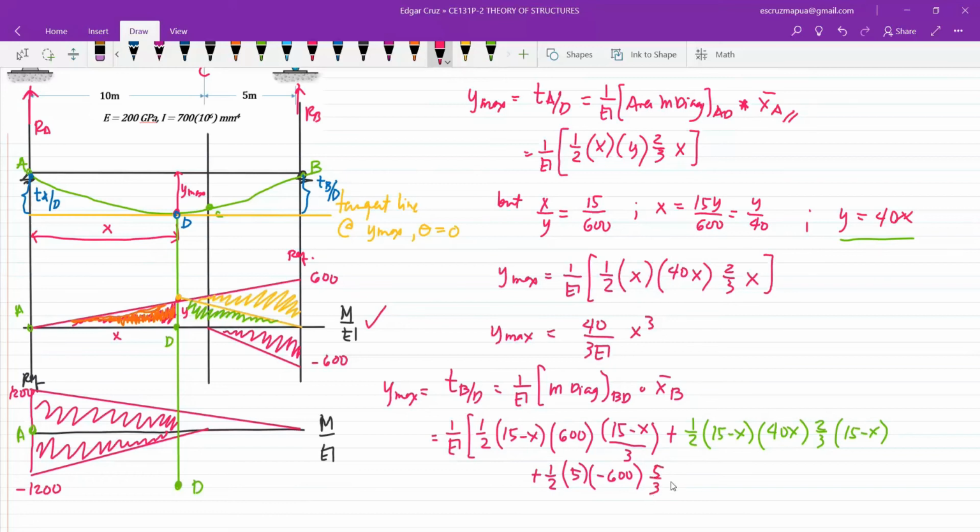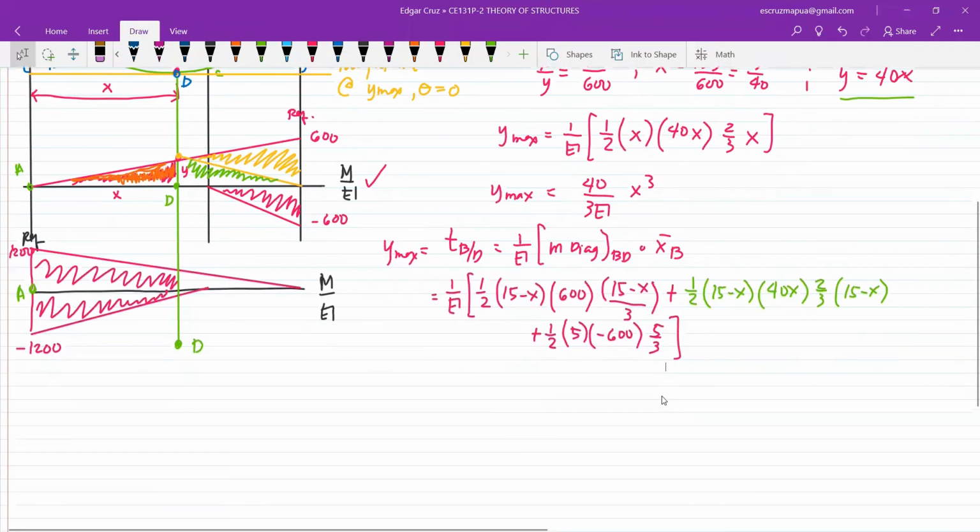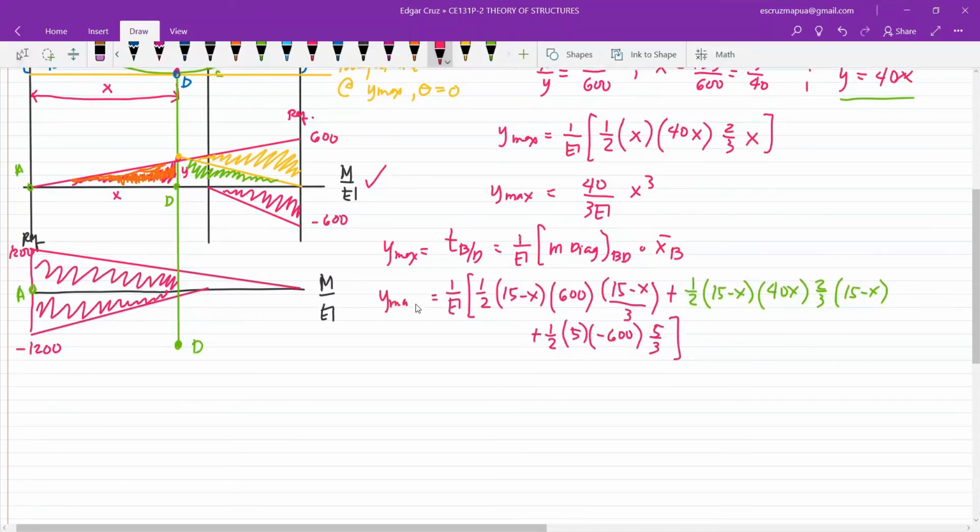So that is the deviation of B from D, and that is actually also equal to y max.